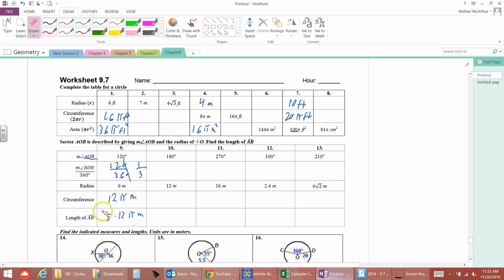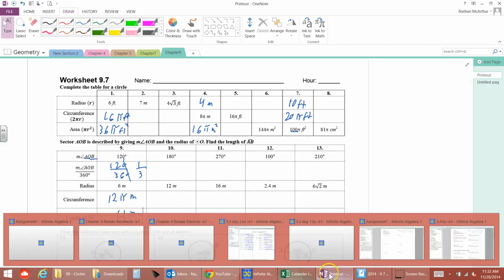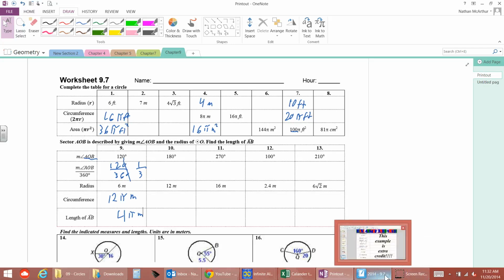Well, 12 times 1 is 12, divided by 3 is 4. So my answer should be 4. That's the length of arc AB. Notice how it's not the measure. We're not talking about degrees anymore. That was up here. Now our new concept is finding out exactly how long it is. Okay, so there is a little brief intro and a visual for how that works.